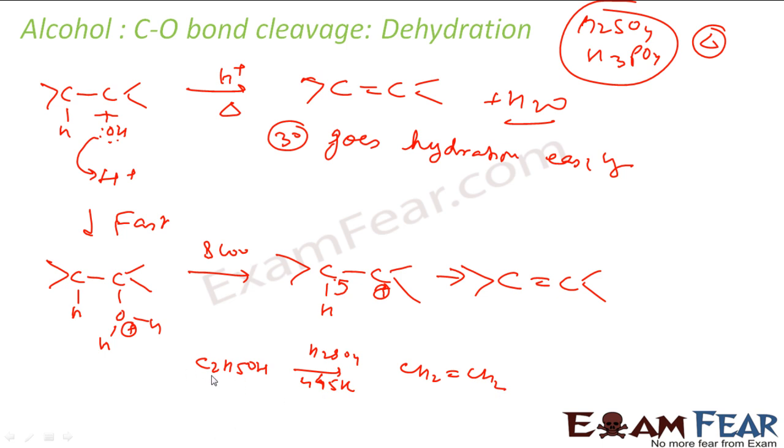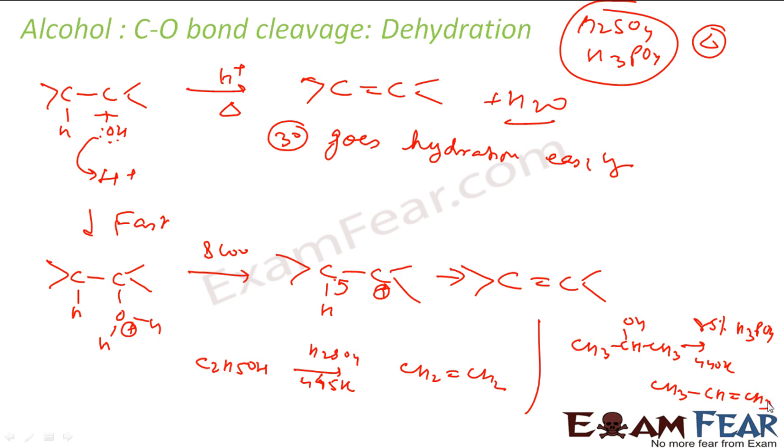Same thing if you increase the degree, this is 1 degree, right? You make it 2 degree here. You say CH3CHOHCH3, that is 2 degree. So here you need only 85% solution of H3PO4, and also you need less temperature, maybe 440 Kelvin, and with this you'll get alkene.